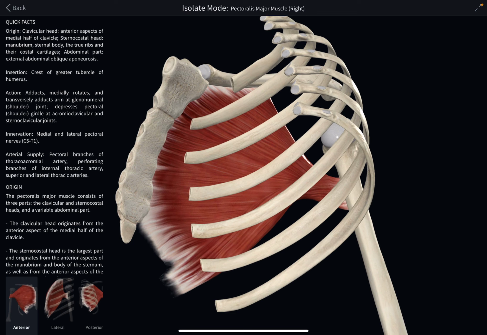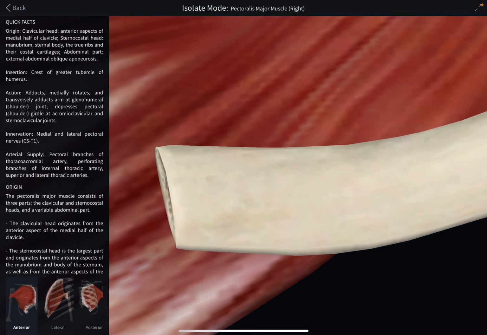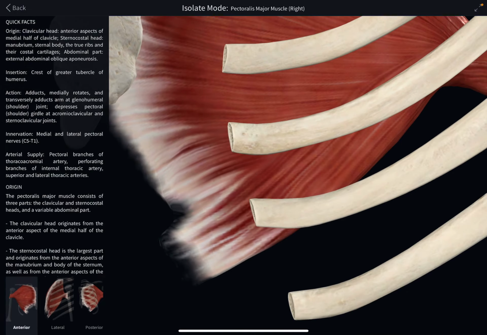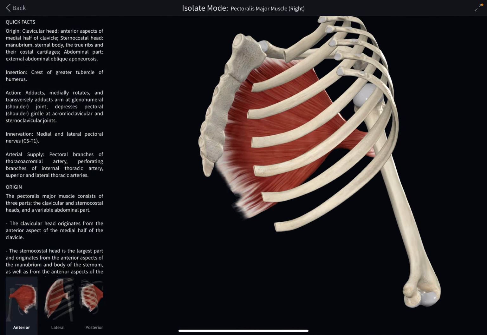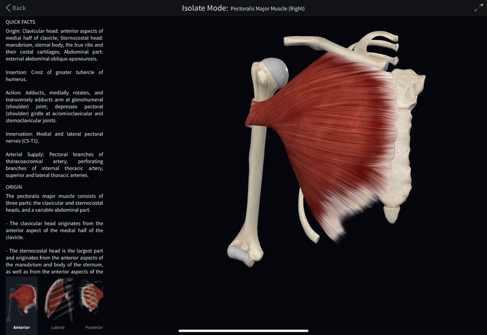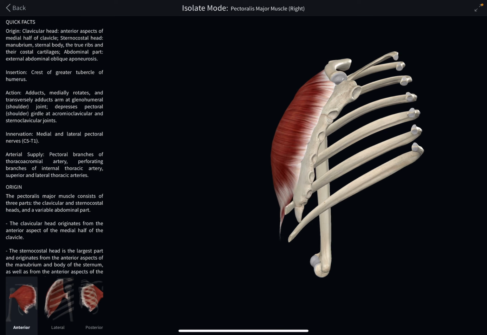So 1, 2, 3, 4, 5, 6. This is the 6th costal cartilage, not the rib. So from the sternum, the muscle takes its origin up to the level of the 6th costal cartilage, and also from the 2nd to 6th costal cartilages.